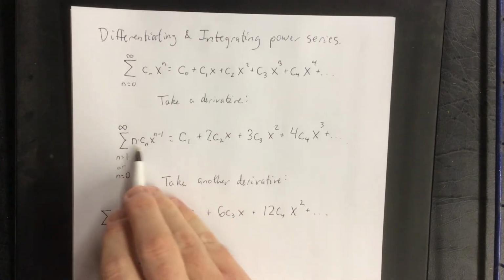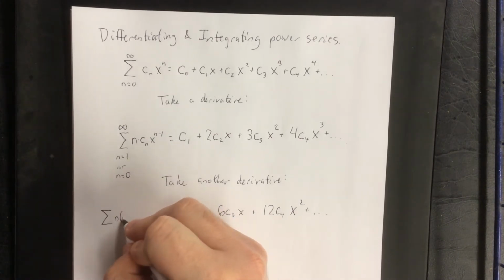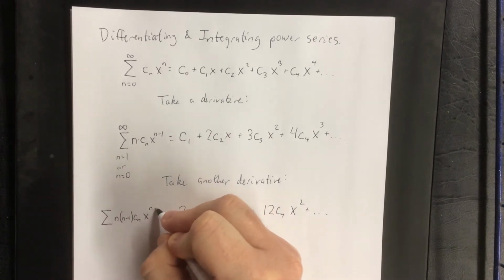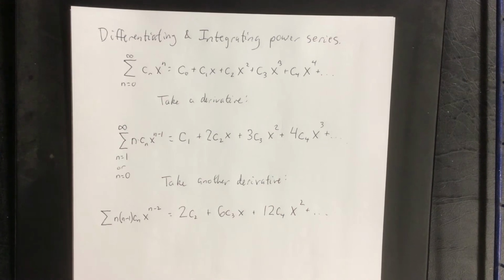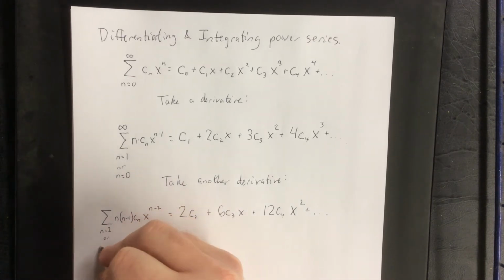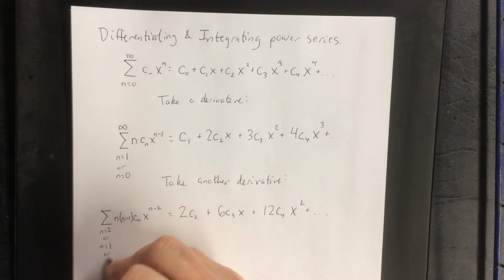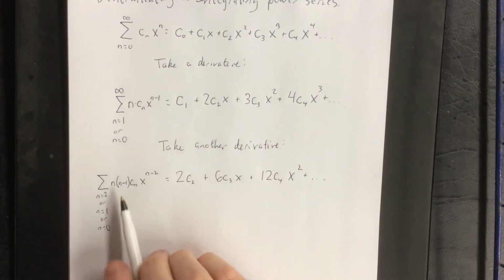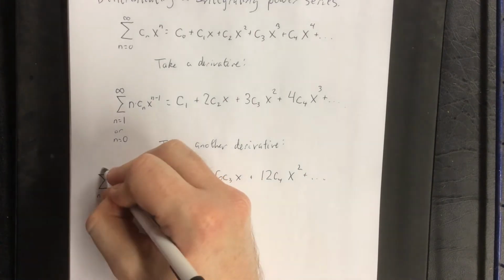So if we were to apply the power rule once again here, this would be n times n minus 1 times c sub n times x raised to the n minus 2 power. Now, using the same argument as before, we can say this clearly starts at n equals 2, but there is no harm in having this start at n equals 1 or n equals 0 due to the fact that plugging those numbers in would simply give you a 0 term here.